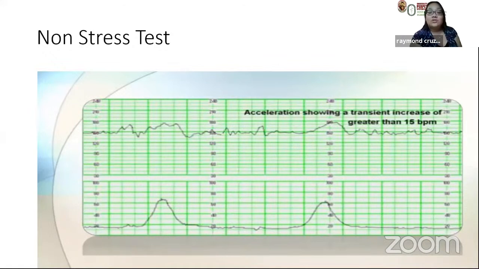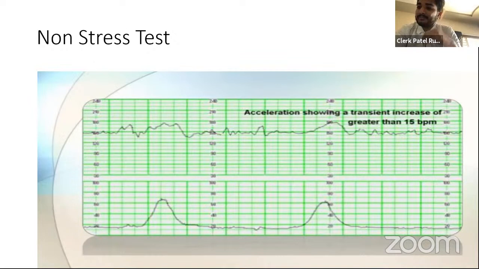Uterine contractions would be measured in what units? Montevideo units, okay, doc. It is measured in Montevideo units. For you to tell that it is adequate, it must reach how many Montevideo units? Around 210 to 250.